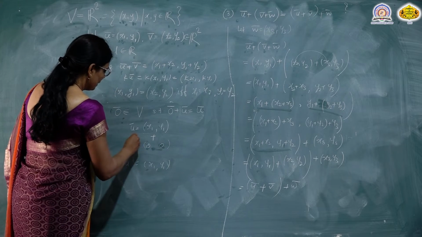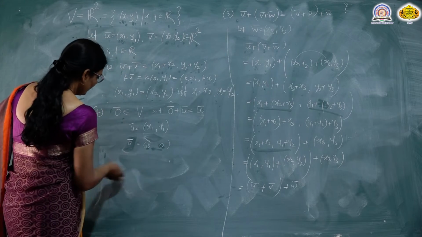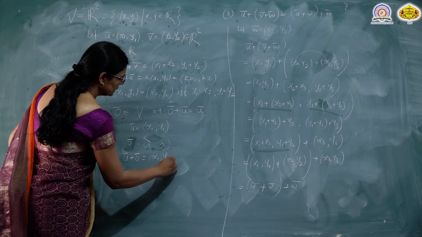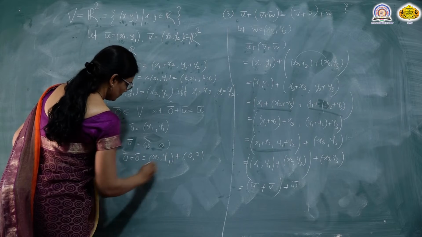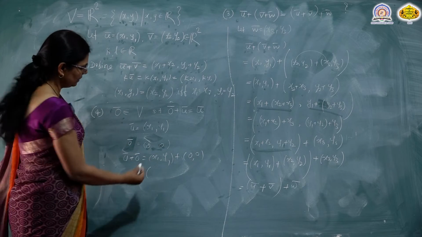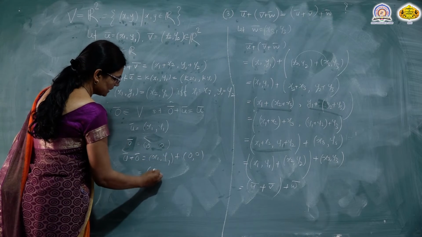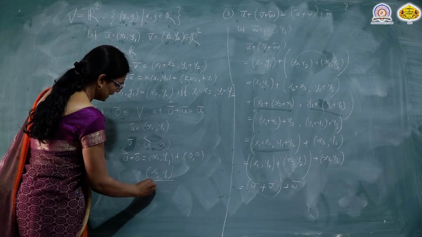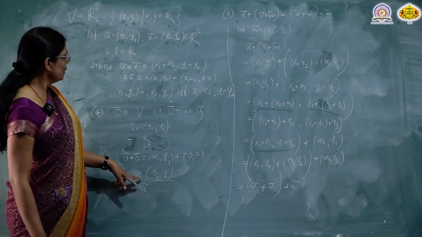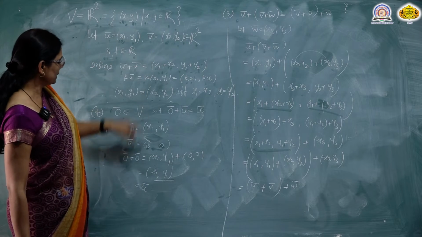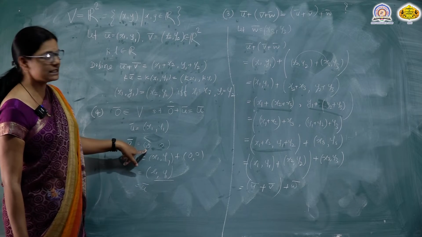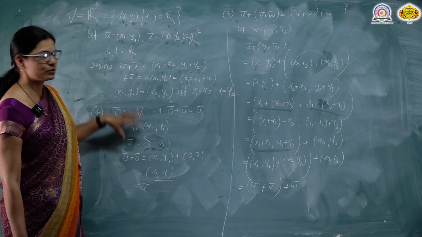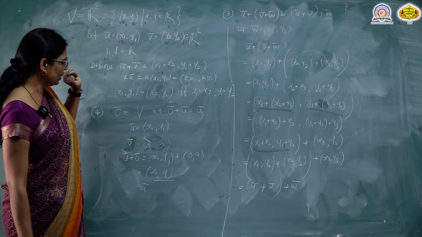If I consider U bar plus 0 bar, that equals x1 y1 plus 0 comma 0, and x1 plus 0 is x1 and y1 plus 0 is y1, which equals U bar again. So for R2 with these two operations, the zero vector is nothing but the ordered pair 0 comma 0. So remember this zero vector for R2.